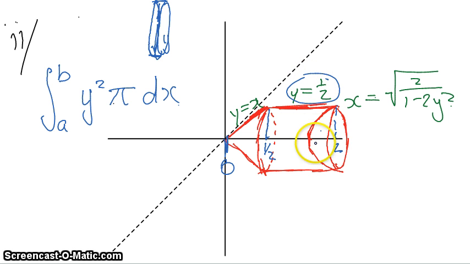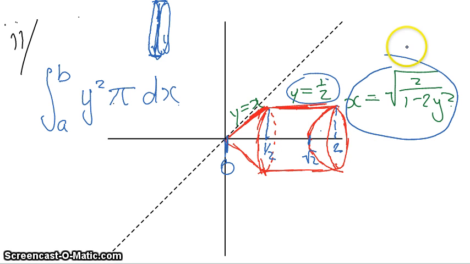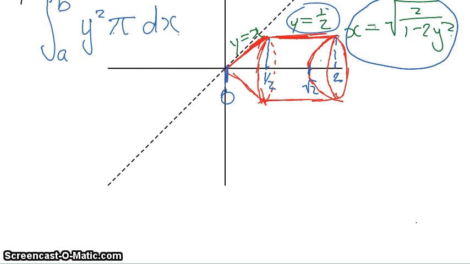And then because I've accidentally added in this sort of scooped out part, I'm going to subtract away the volume from root 2 to 2 of this function here. Right? So let me write that out.